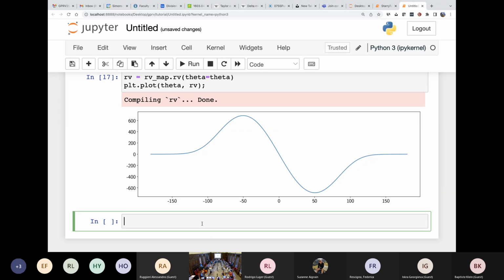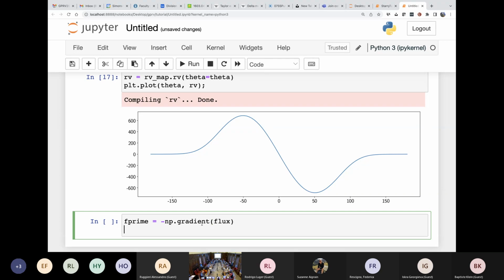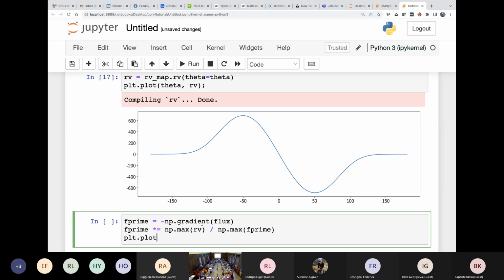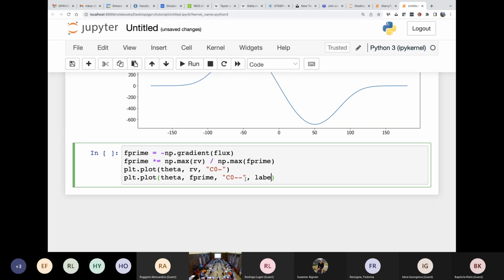We can convince ourselves of that. You don't have to follow, I just want to show you. I just computed the gradient of the flux and I'm normalizing it to the same scale as the RV curve. Then I'll plot both of these.